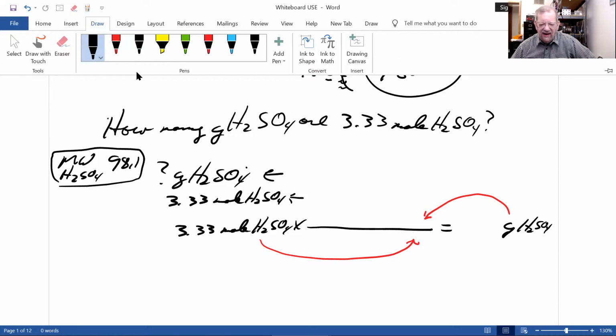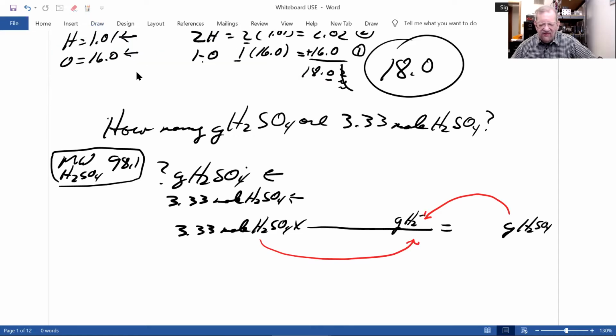And with that, I have grams of sulfuric acid and mole of sulfuric acid. And where do I get these numbers? 1 mole of a compound equals its molecular weight, which previously we figured out was 98.1. And notice 3 significant figures. The 1 is part of the definition. That's an exact number and doesn't play a role in the final determination of significant figures. Therefore, I should have 3 significant figures.